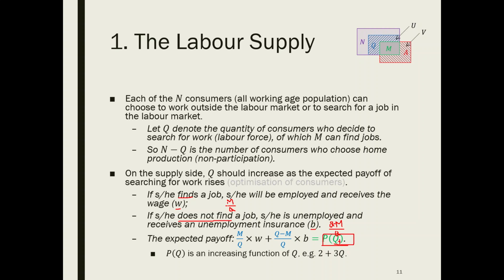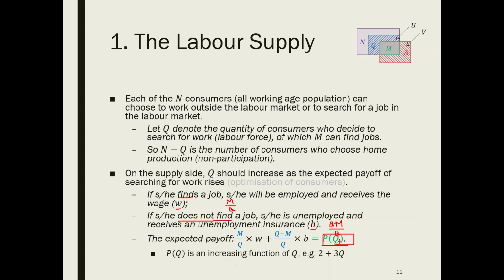For example, the increasing function P(Q) can be a positively sloped linear function 2 plus 3Q because it increases with Q. In the tutorial, you will have an explicit function form of P(Q) to allow you to solve the solution, but here let's keep it general by keeping the implicit function form P(Q).